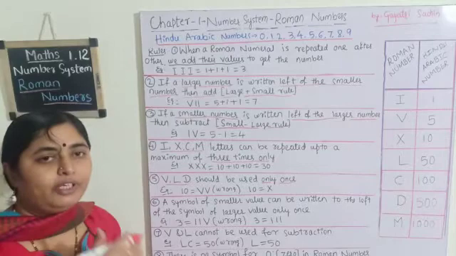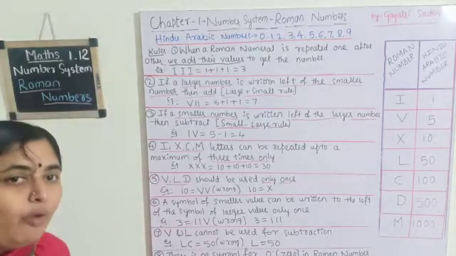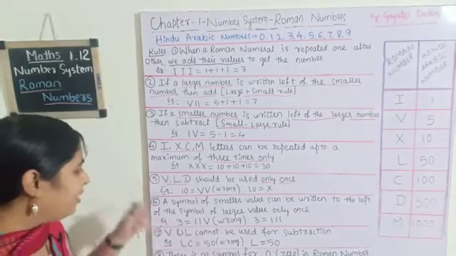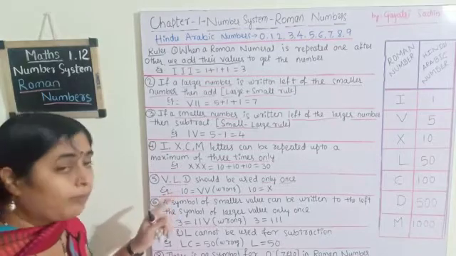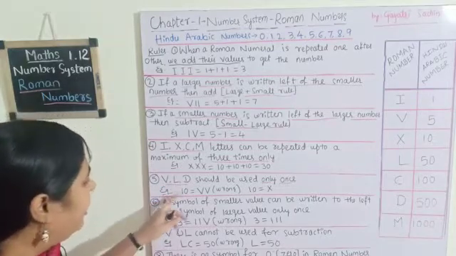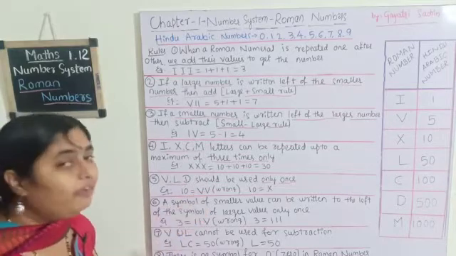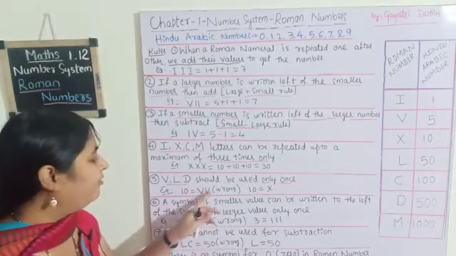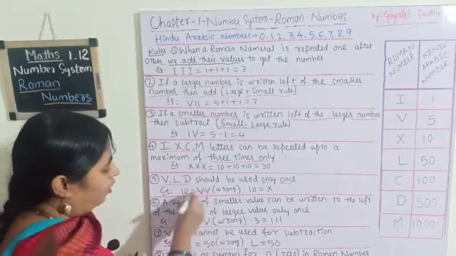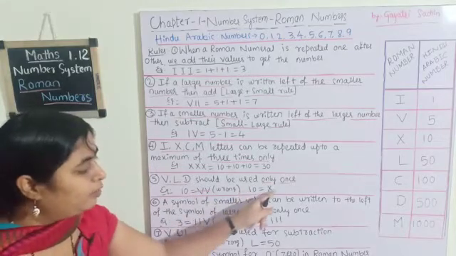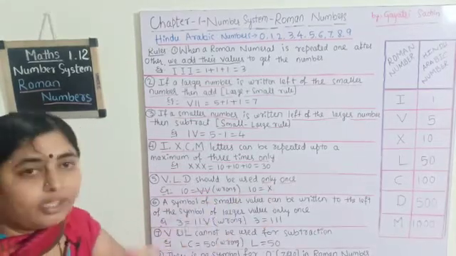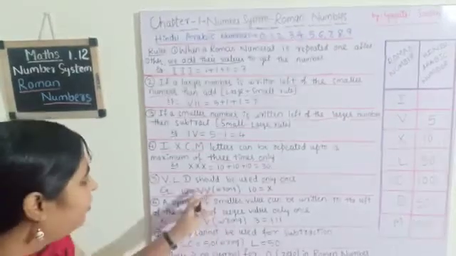For example, 10: if I write 5 plus 5, anyway we can add, no? V, V, this is wrong. How do I have to write 10? 10 is equal to X. I cannot write V V; we cannot write like this anywhere.